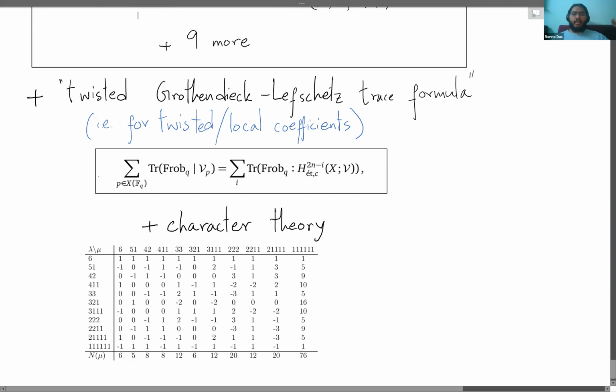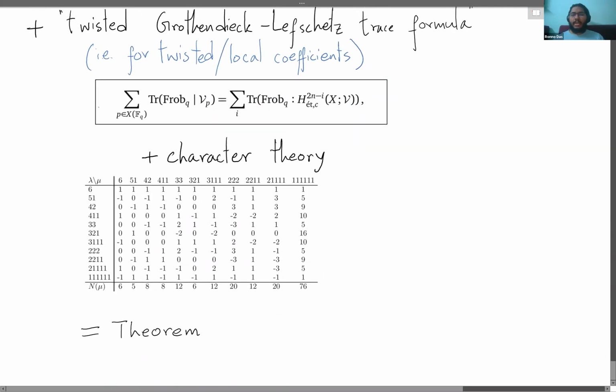And you do all of this computation, plug that into formulas, and then compute things, and then you get the theorem back, which is the cohomology as representations of S6. Yeah, maybe I would like to end there. Thank you for attending.